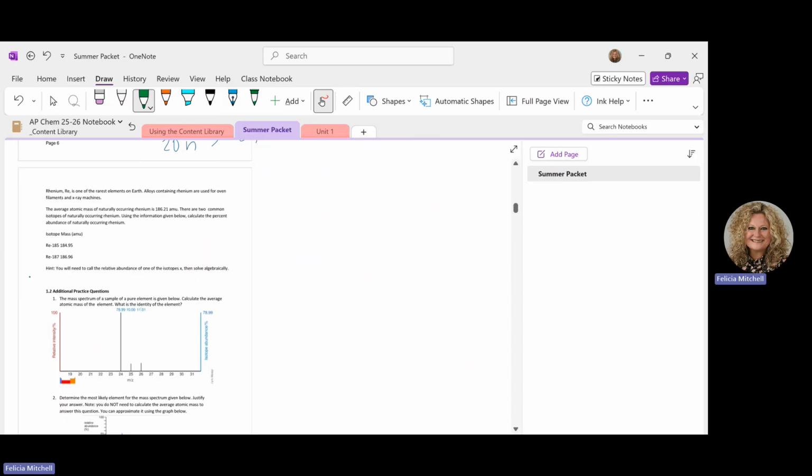Now, what am I talking about? This time you've got the average atomic mass, and you do have the masses, okay? This is saying rhenium with a mass of 185, and they're giving you the actual mass, because sometimes, like when I say carbon with a mass of 12, you'll see it written with a dash, and they put the mass after the element.